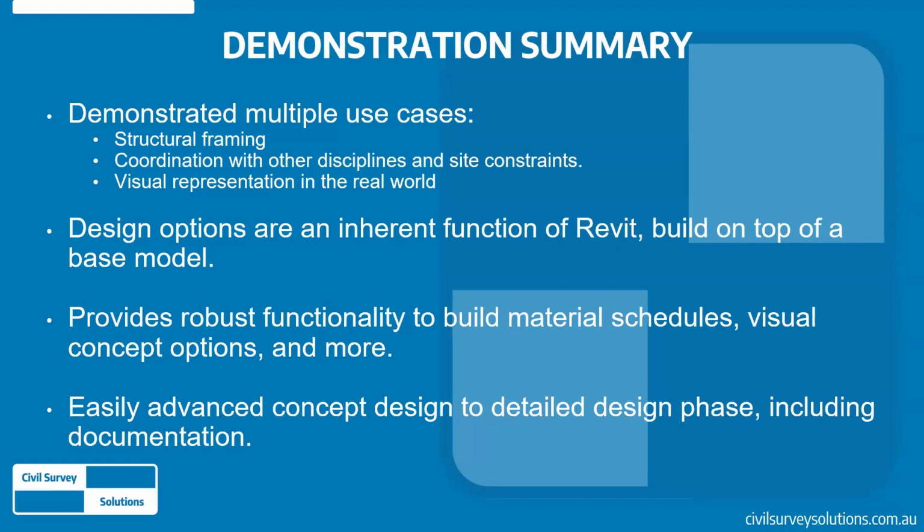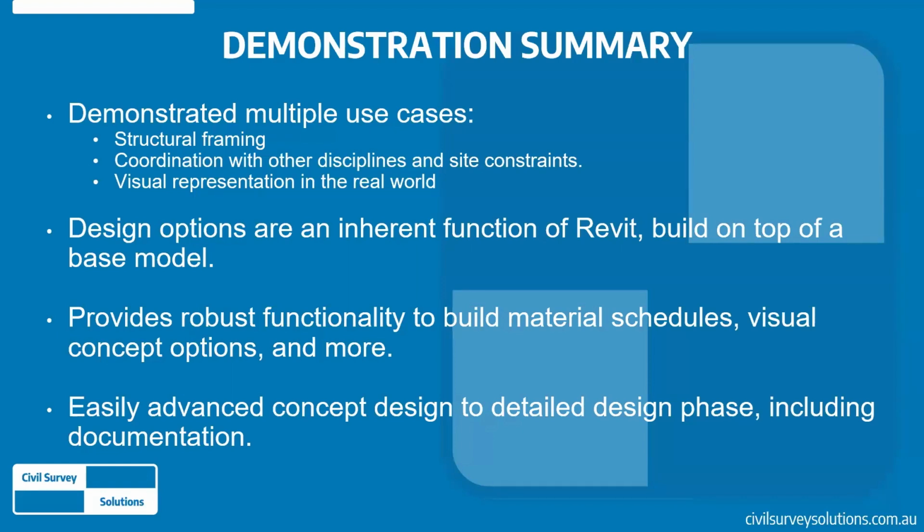We then showed how it can assist with coordination and clash detection with other disciplines and existing site constraints. The final example was a really good way of showing how these concept options can be shown as a visual representation in the real world.